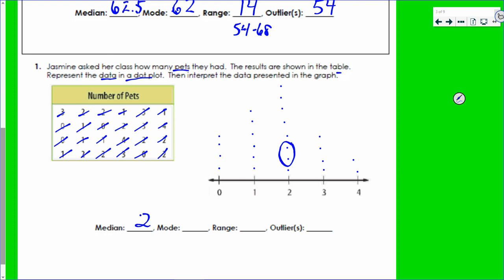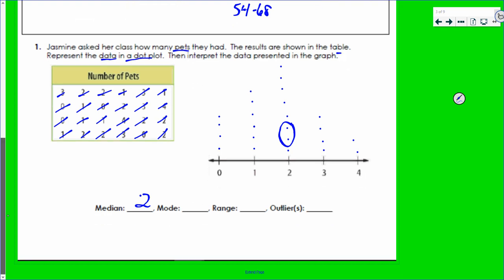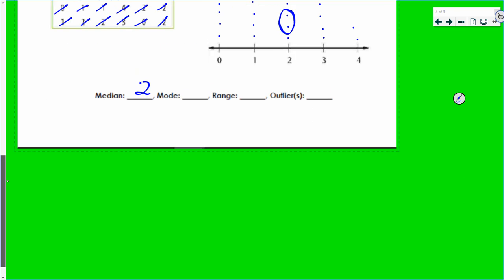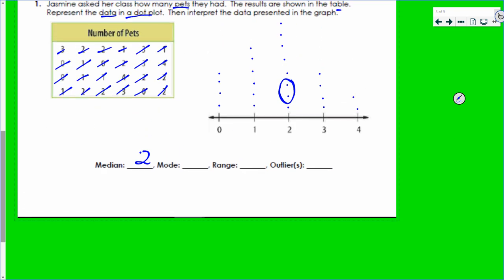Now I had some questions on this last class, so let me really solidify what exactly I am doing here. If I were to take my dot plot and reorder this as a number set, here's what my number set would look like. How many zeros do I have? 4. So I'd write 0, 0, 0, 0. How many ones do I have? 6. So I'd write 6 ones. 1, 2, 3, 4, 5, 6.